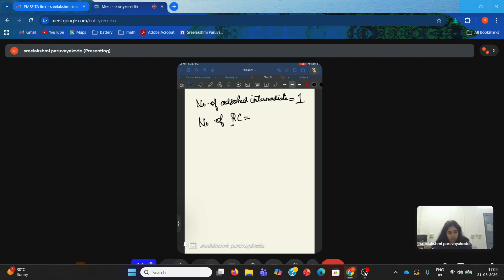One RC, one resistor, one capacitor for one adsorbed intermediate. So one RC is needed. So this means two parameters, that is one resistor and one capacitor, right? Apart from that, I told you there will be one additional resistor in addition to the pair of RC. So the number of electric parameters is going to be 2 plus 1 equal to 3.